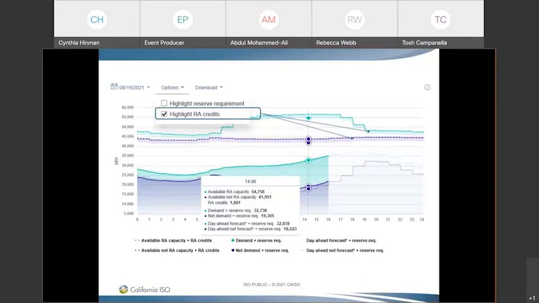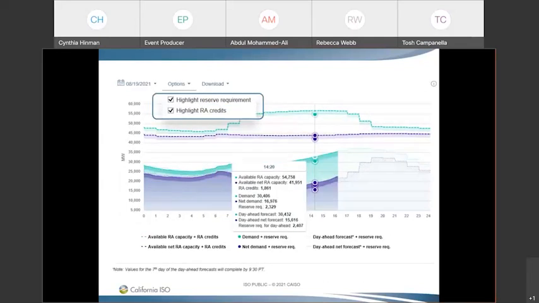And so you have that information available as well. The next slide just shows both of these options checked off at the same time and the information that you get. So that's a quick snapshot of the RA trend graph.